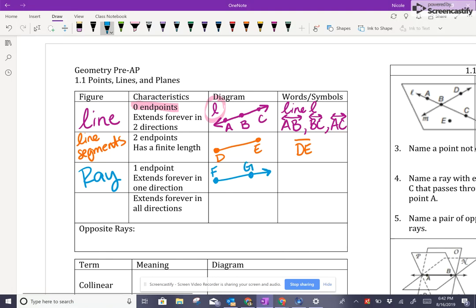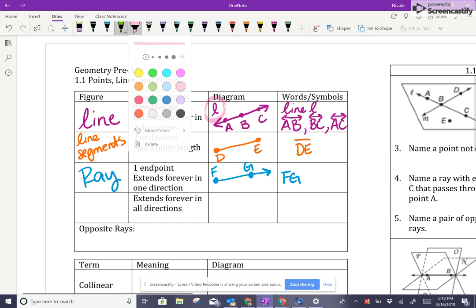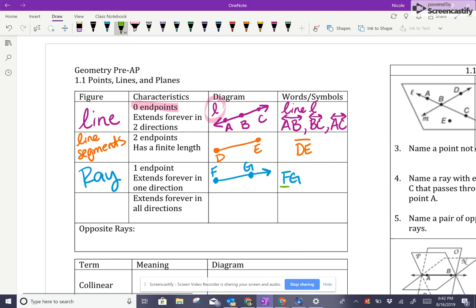So when we notate this ray, we're going to say FG, but you notice the first letter that I use is the endpoint. It is that stopping point. It has to go first. And then we will actually draw a little miniature ray over the top, moving in the direction where the line is moving.